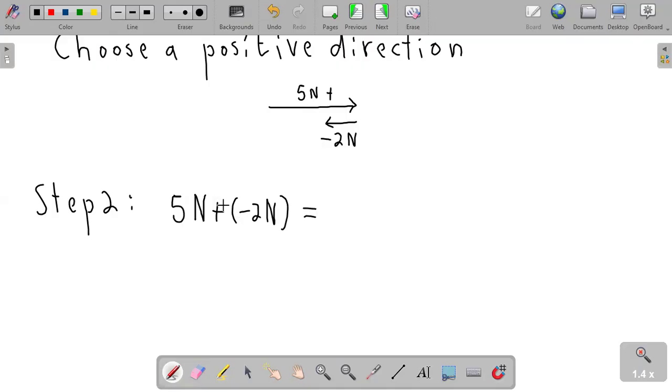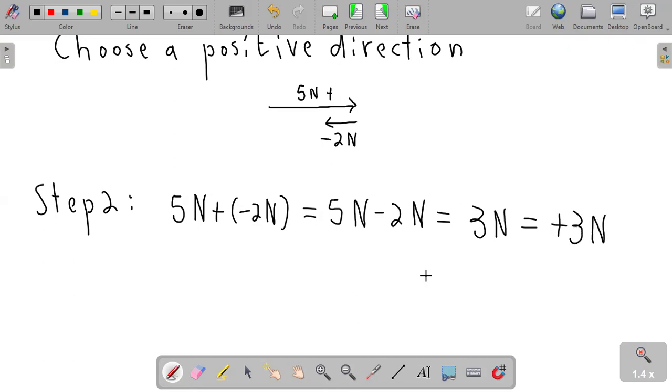From mathematics, this is positive multiplied by negative, so it's just going to be 5 minus 2, and that gives us 3 newtons. So this is a positive 3 newtons because there is no negative sign here.